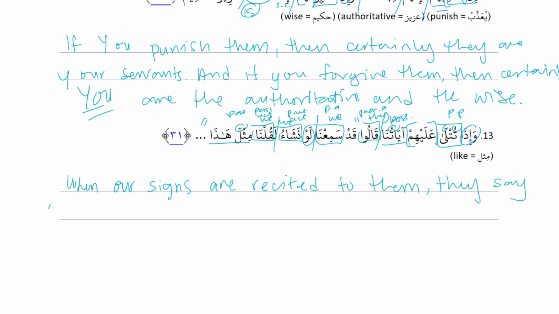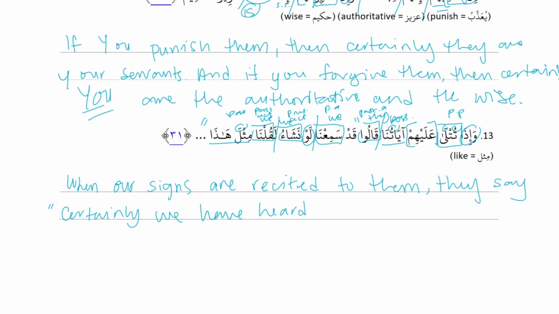So, sami'na is past, but are we going to translate it as present because it's in a conditional sentence? No, only the condition and the consequence translate as present or future. But this is starting a quote, so this is what they're saying. It's independent of the condition and the consequence. So they say, we have heard. Yeah, qad is certainly. Certainly, we have heard.